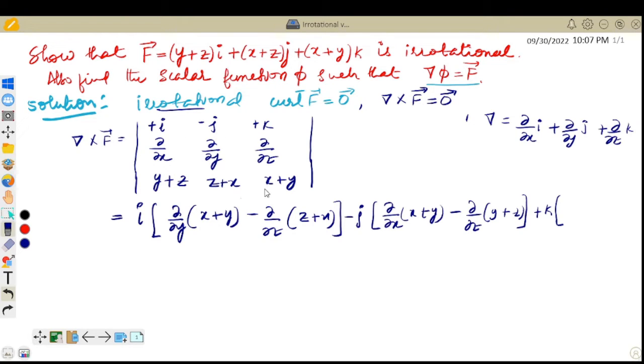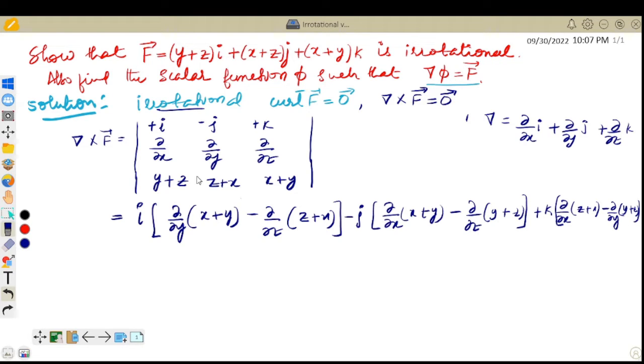dou by dou x of z plus x minus dou by dou y of y plus z. Let us check it once again.